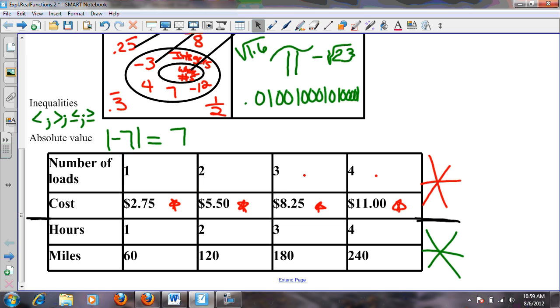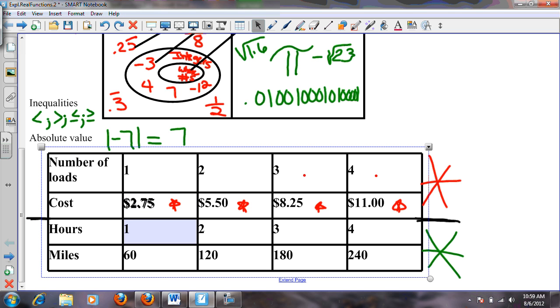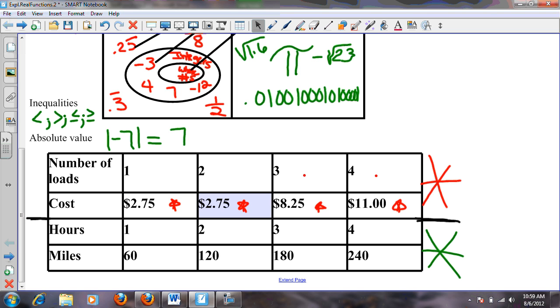So let's look from $2.75. From $2.75 to $5.50 is how much? $2.75.